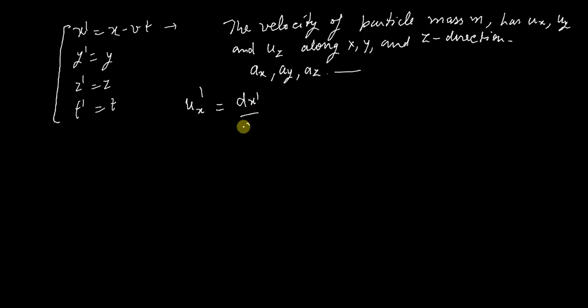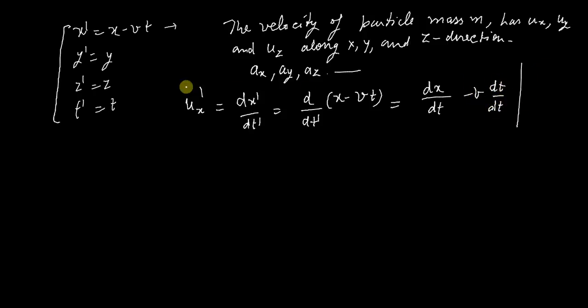With the help of these equations, the first one, ux prime is equal to dx prime upon dt prime, where x prime is equal to x minus vt. So this is dx upon dt minus v dt upon dt. As I know from this equation that t prime is equal to t, I can write dt prime is equal to dt.